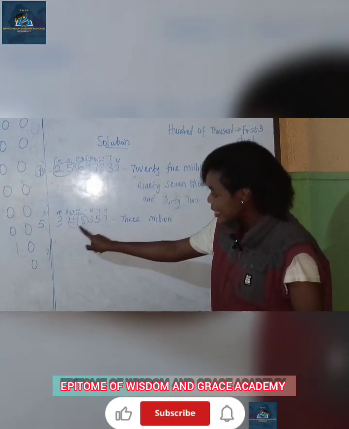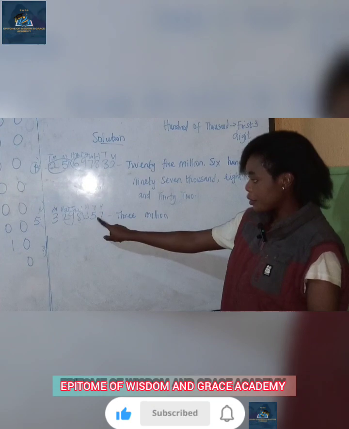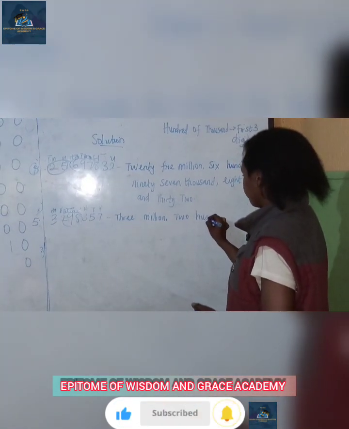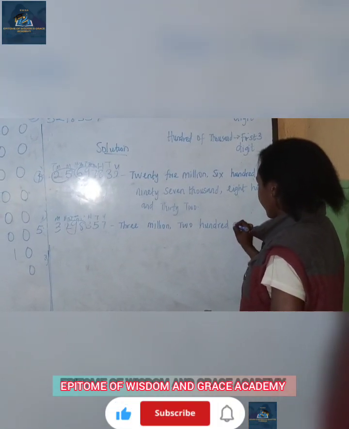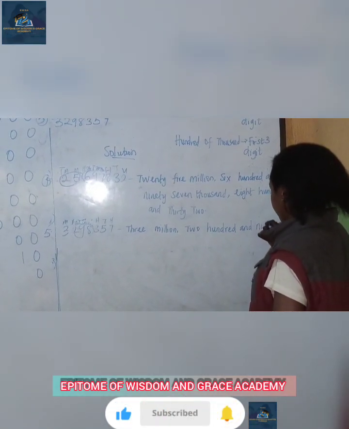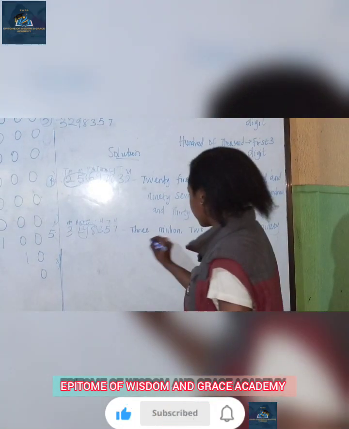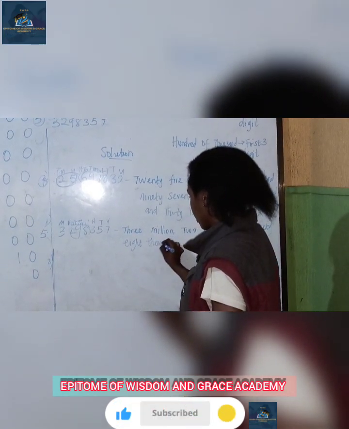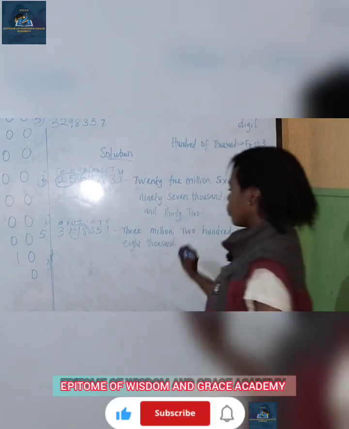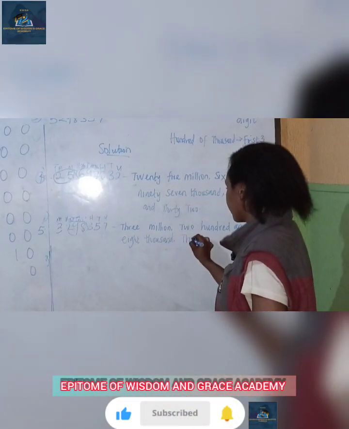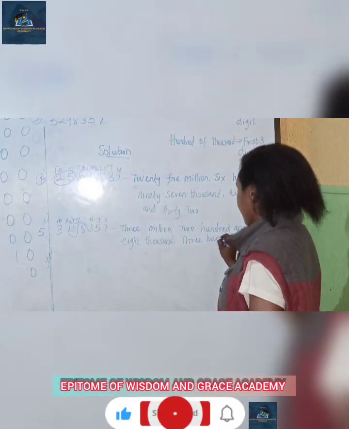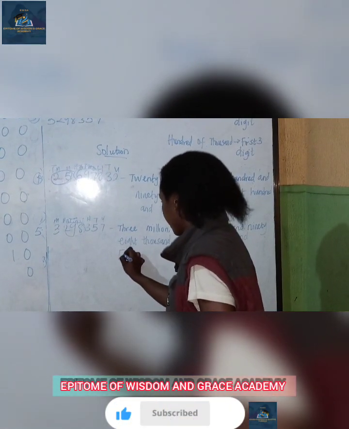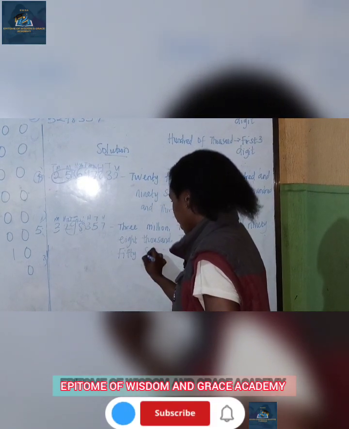That is 298,357. 200 and 98 thousand. Okay, 300 and 57.